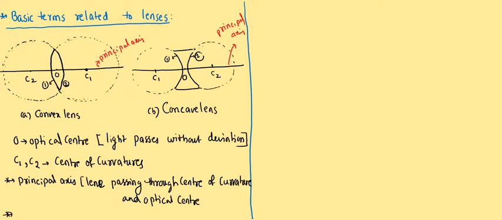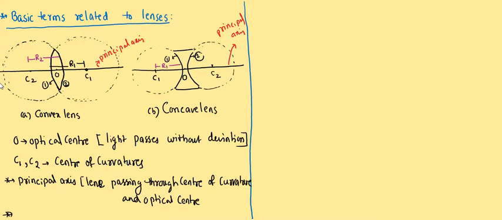And the next one is one more point I am going to explain. This is the first sphere. The first sphere has some radius of curvature, R1. The second sphere also has a radius of curvature, and that is R2, the radius of the second sphere. For example, this is R1, the radius of the first surface.